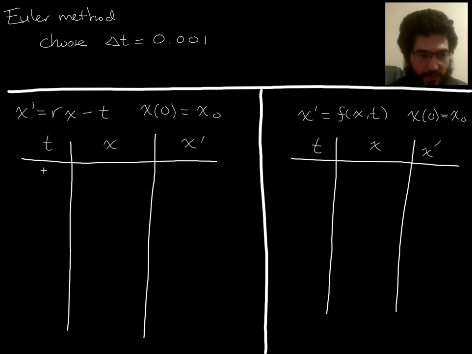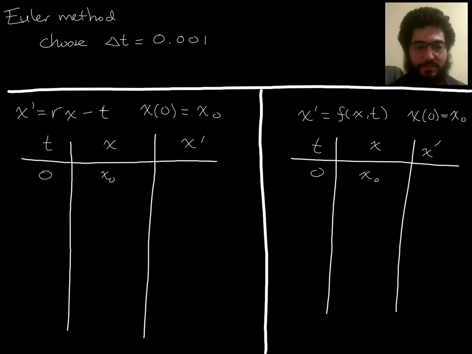Okay, so there's one row of the table where I know perfect information, which is that at time 0, x of 0 is x naught. So I've got perfect information at that time. Now, what about x prime? Do I know how x prime starts out? Yes, because I know that x prime is r x minus t at any given time t and at any given x value x.